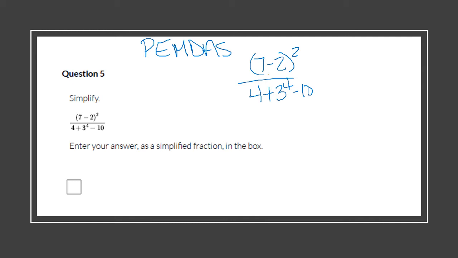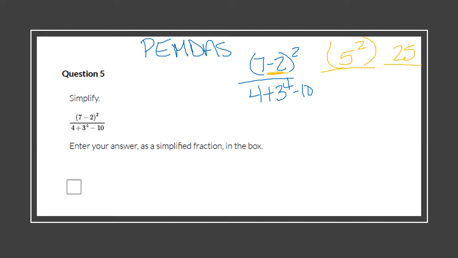So 7 minus 2, I'm going to do first. I've got 5 squared. Now, if you think about it, the top of this equation is still in parentheses because it's separate from what you do on the bottom. So 5 squared is 25.